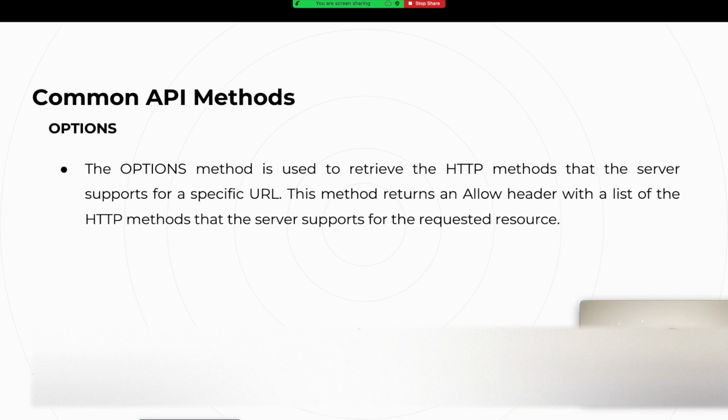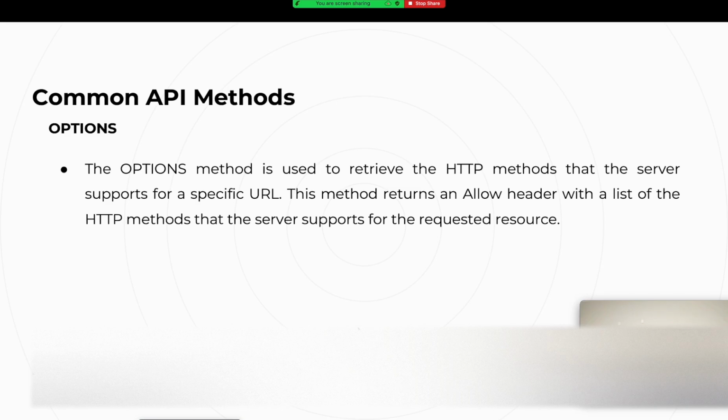What kind of actions means what kind of HTTP methods, because actions are somehow converted into HTTP methods, right? Yesterday we saw it in the definition. So when you try to figure out what the actions or HTTP methods are that I can use with Michael's data, at that point of time, you will need options.